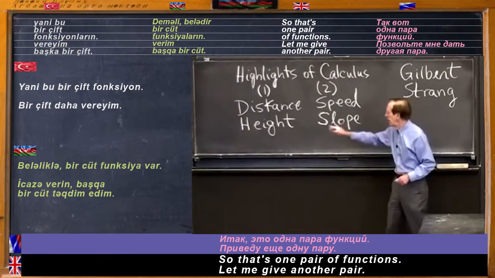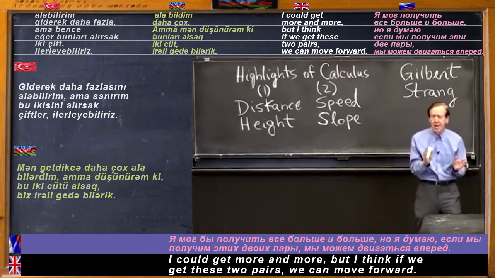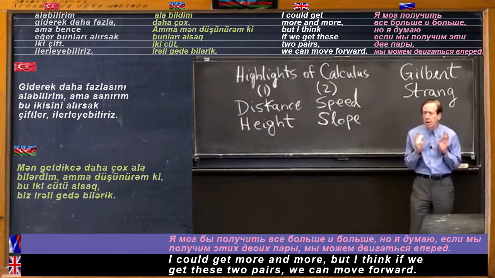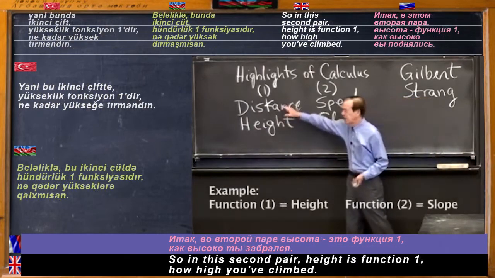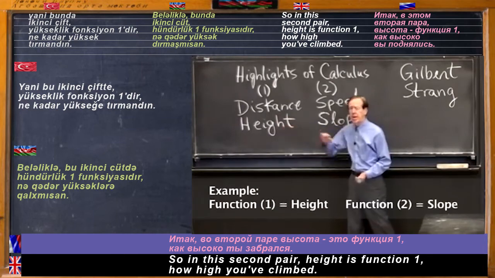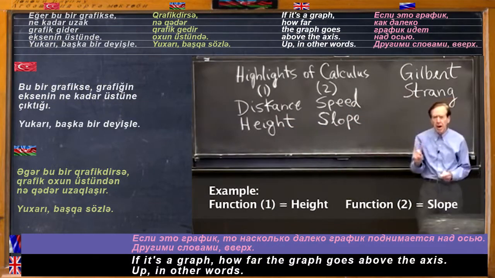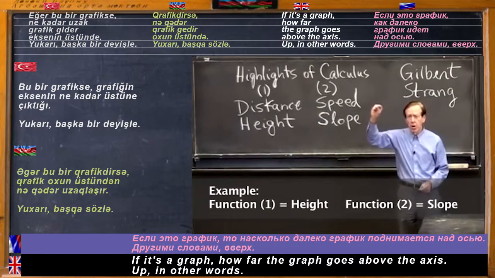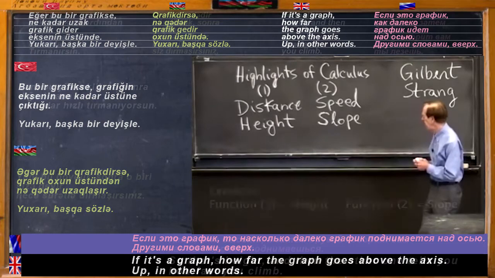Let me give another pair. I could give more and more, but I think if we get these two pairs, we can move forward. So in this second pair, height is function 1. How high you've climbed, how far the graph goes above the axis. Up, in other words.